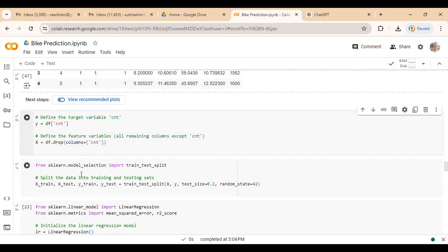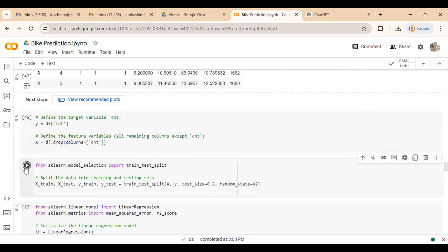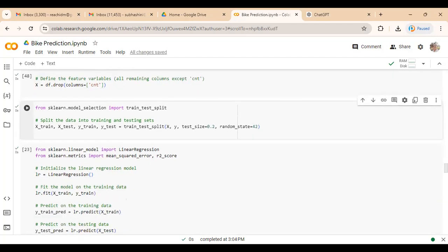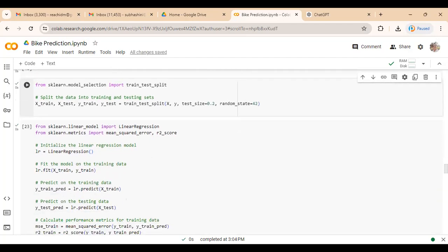From sklearn, we want to import the train test split function and split the data into training and testing data. Test data is 0.2, that is 20% of the size, and training data will be 80% of the size. So let's go ahead and do that. Okay. And from sklearn itself, we will import the linear regression and also import the different functions required to calculate if our linear regression is good or bad.